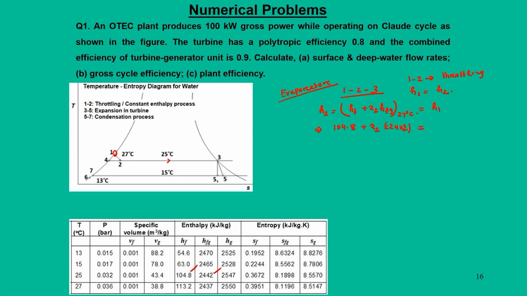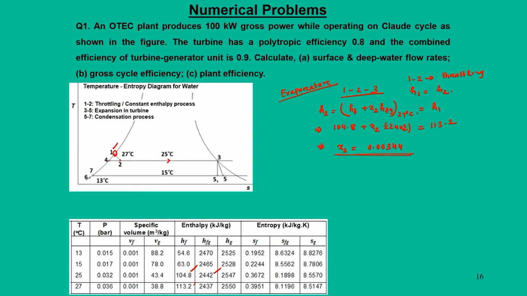H1 is available at 27 degree centigrade, which is 113.2. This will give you the dryness fraction at location 2, x2, equal to 0.00344.